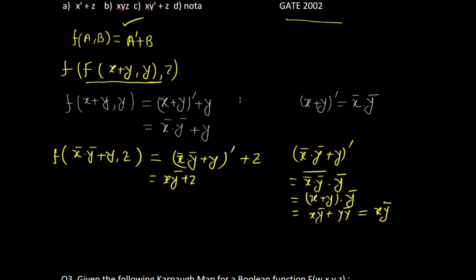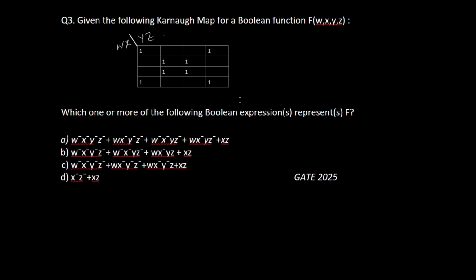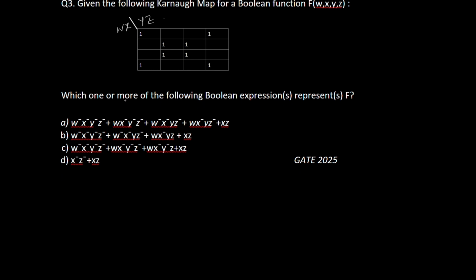Now the third question is based on K-map. We have to solve the K-map. So at first we have to draw this K-map. It is a 4 variable K-map.